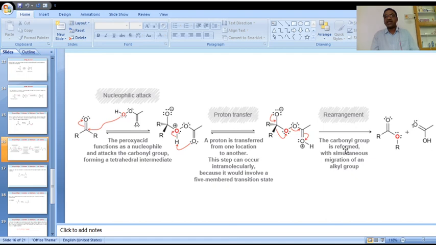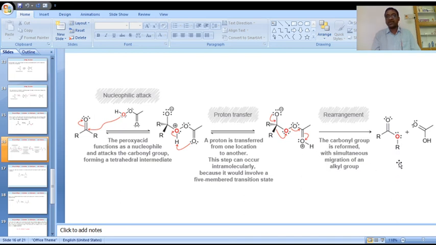The carbonyl group is reformed with a simultaneous migration of an alkyl group.